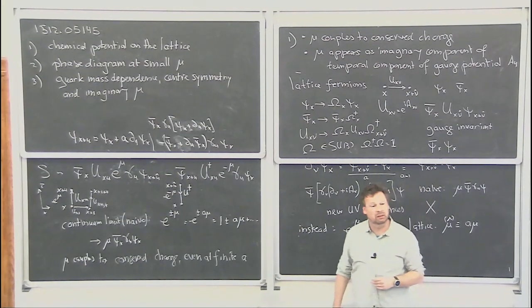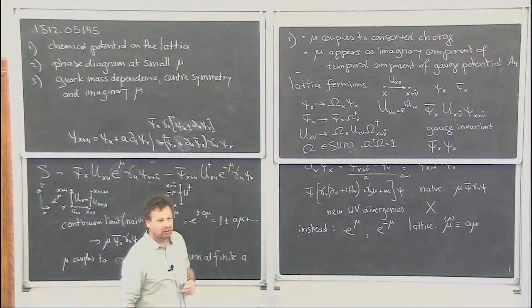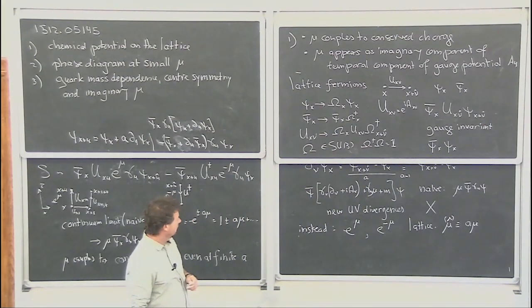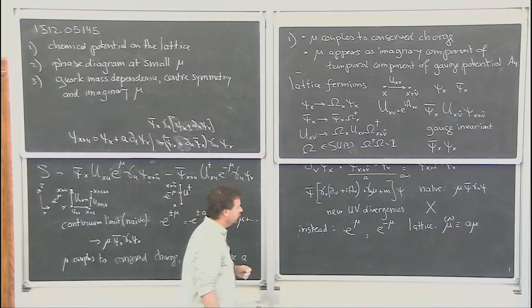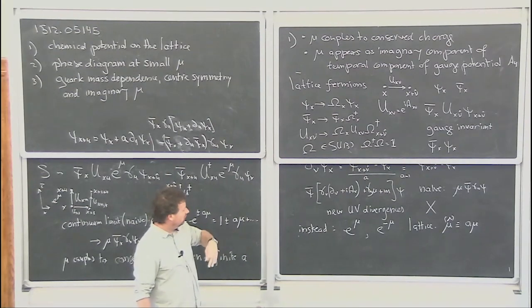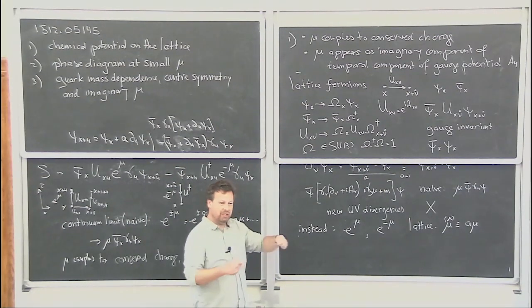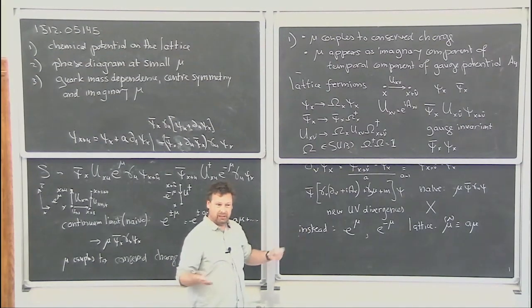Yeah. This naive insertion of the chemical potential, does it lead to problems in the discretization, in the naive limit, or in the physical limit as well? No, it leads to problems in the continuum limit. So you start with the lattice action, and you compute Feynman diagrams with the lattice action, which you can do because it's a field theory.